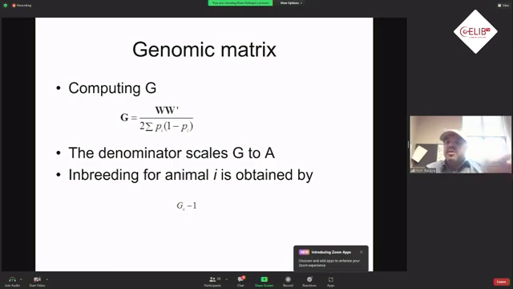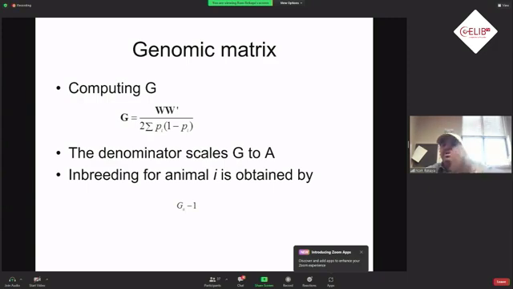When we use the genomic animal model, we use the SNP genotypes, the elements of X, to compute the genomic relationship matrix. And then the P matrix and this standardization, the denominator we use here, are just to make the elements of G look similar to the values of A in magnitude and spread.